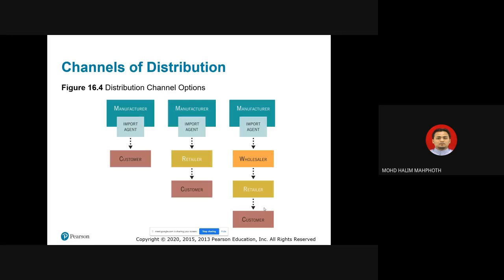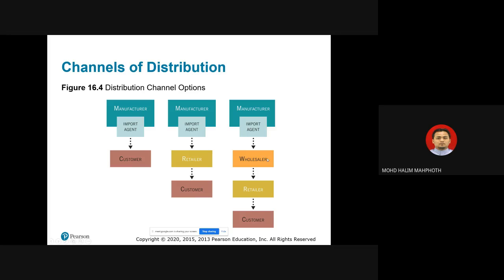You can see the different channels. The manufacturer will send to the import agent, because we know that the importer is our agent in the other country. When they receive our goods, they can sell directly to the customer, or this import agent that imports our products goes to the retailer, and the retailer sells to the customer.